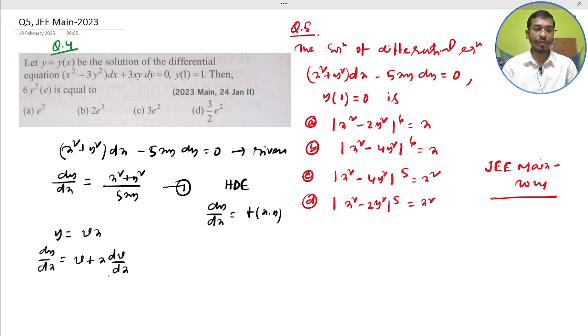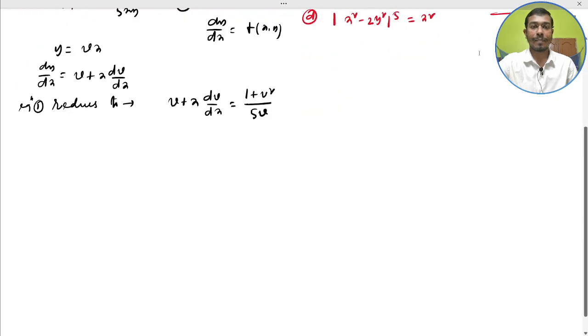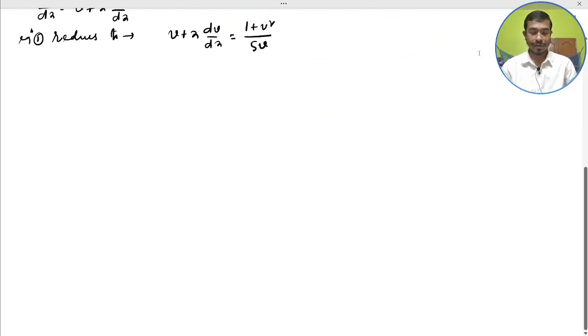So equation 1 reduces to the form v plus x dv/dx. Substituting here, it becomes (1 plus v square) divided by 5v. So let us solve.